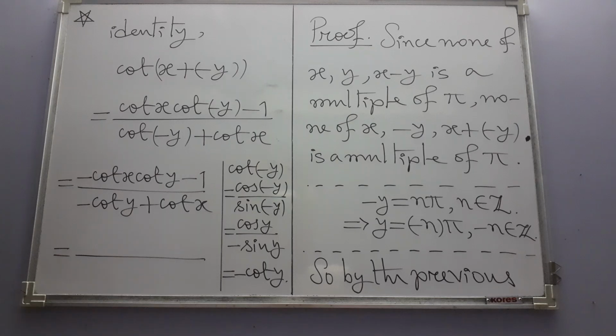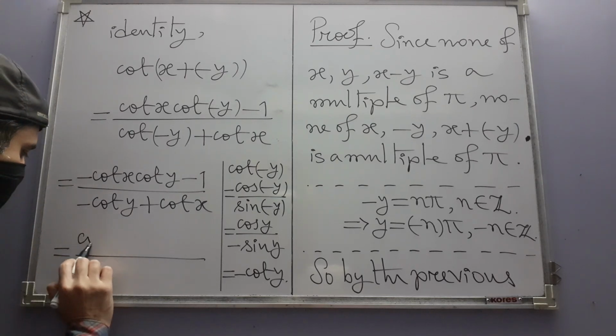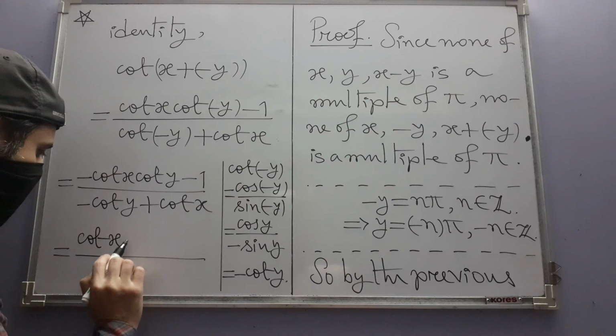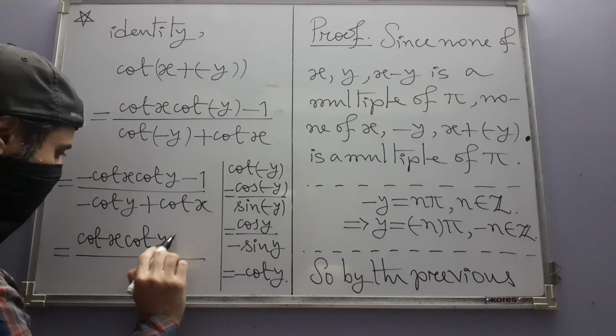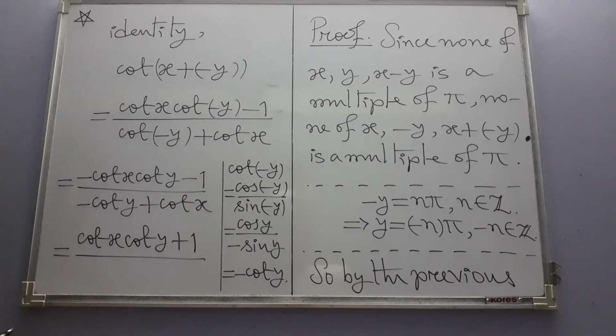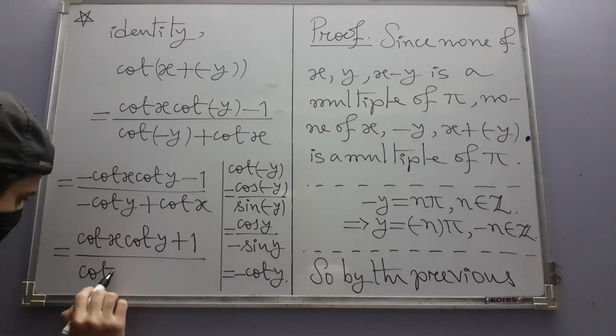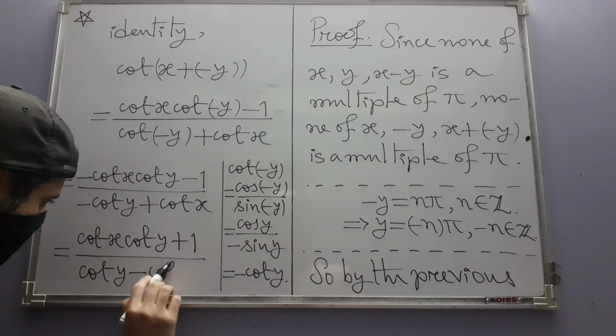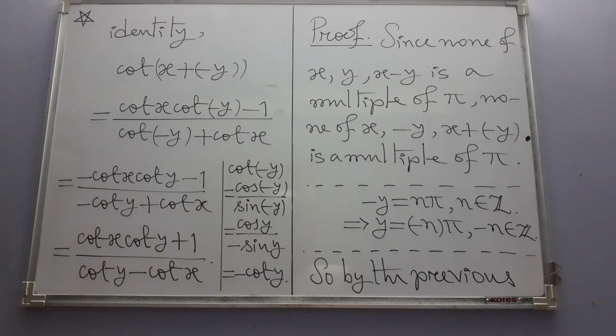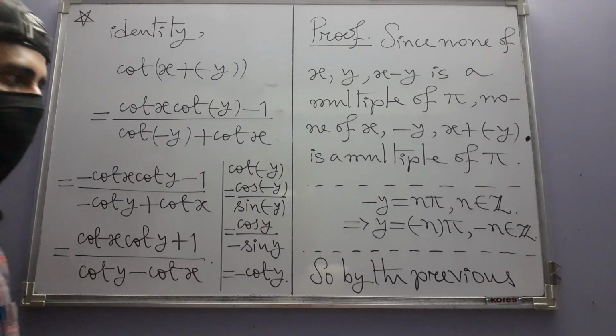Doing so won't change anything, so we have equality. The numerator now will become this plus 1, and the denominator will become cot y minus cot x. Okay, so that's how you get the formula.